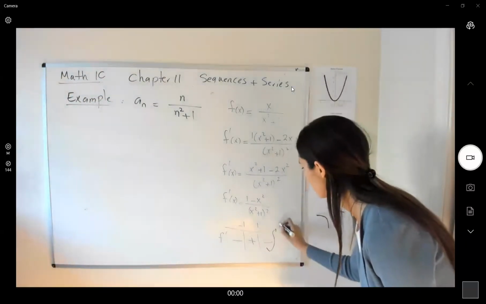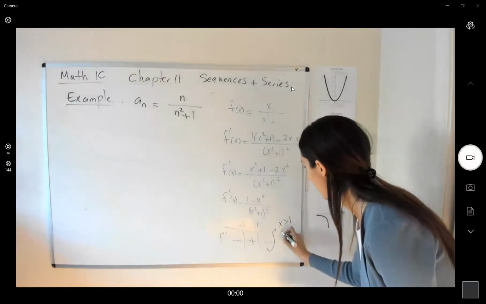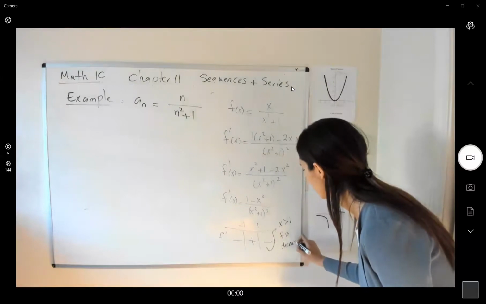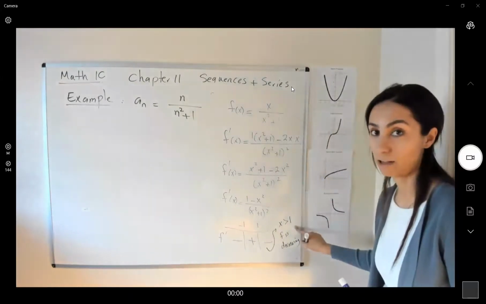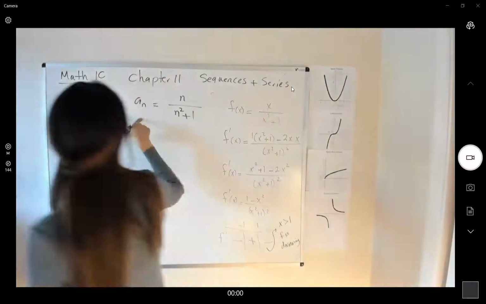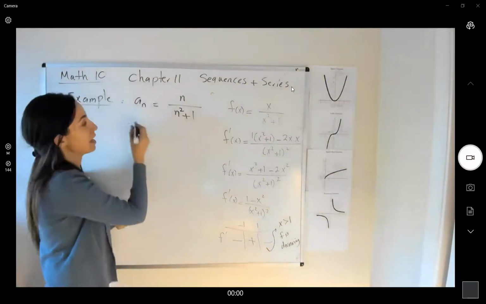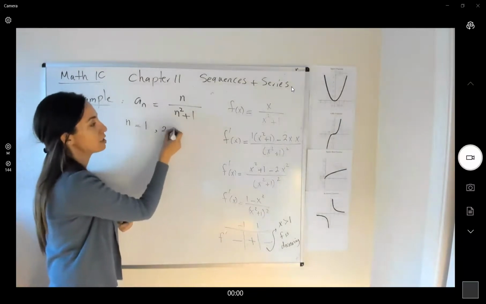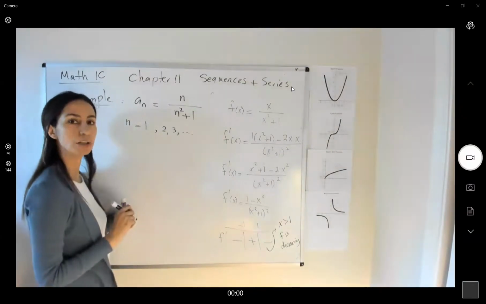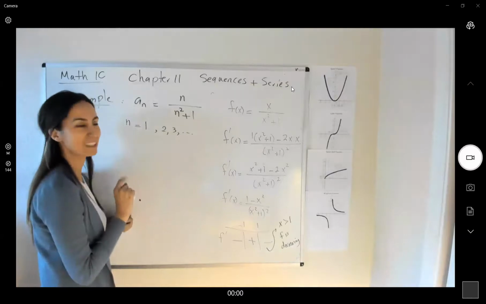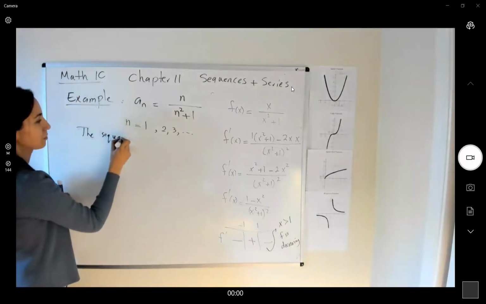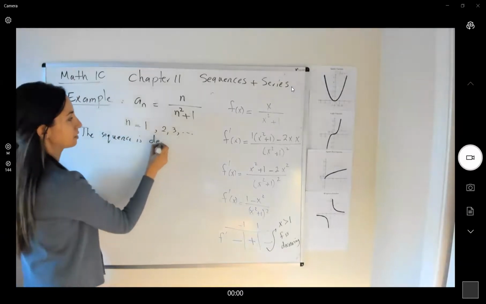For x greater than 1, f is decreasing. How is that helpful? Remember that for a sub n, n starts from 1, then 2, then 3, and so on. Equivalently, you can say that the sequence is decreasing.